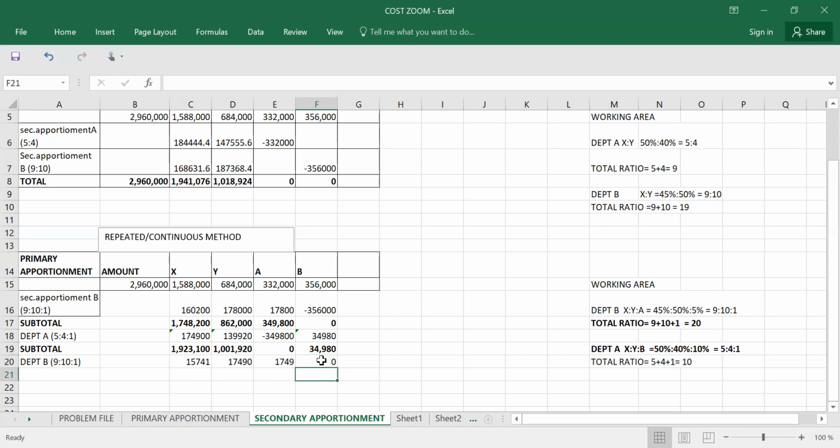Now, a question is, when we were here, this is what we are distributing. And department A and this, okay, the subtotal, we have nothing here. Now this is what we have. Okay, again, when I come to my subtotals here, because I want to know how much we now have.